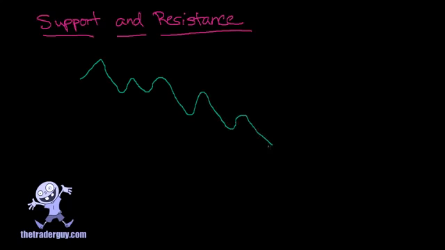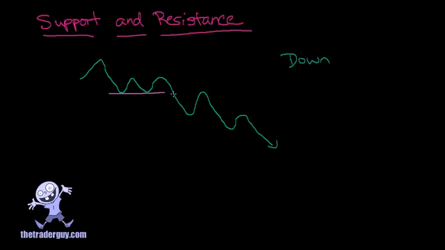But in this particular chart, we have a downtrend. So we know over time that price is depreciating. But notice how on this little fake chart that I drew up here, we have areas where price had reacted. That was support.